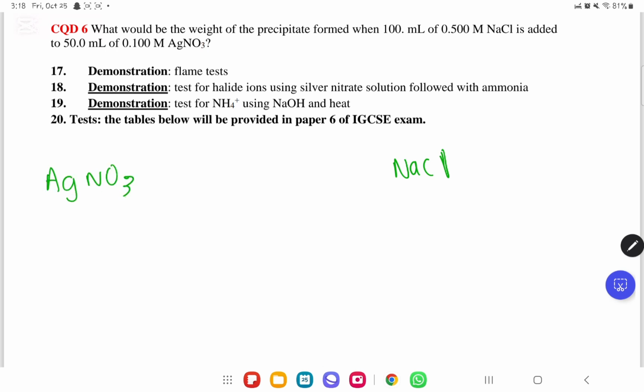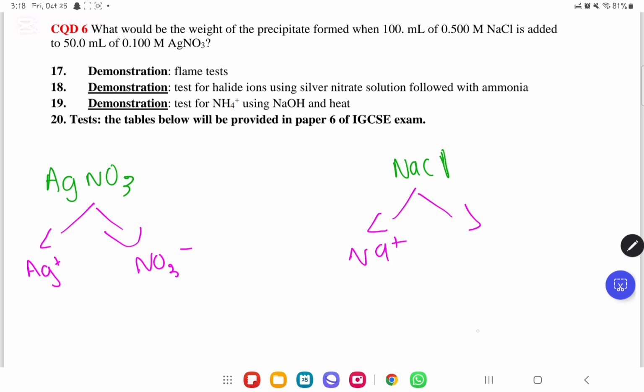We're gonna form precipitate, so we're gonna take the ions of AgNO3 and NaCl. Ions of AgNO3 become Ag+, NO3-. The ions of NaCl become Na+ and Cl-.